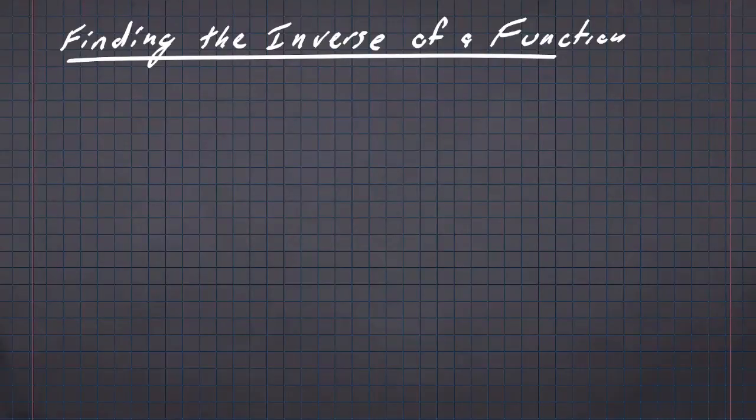Finding the inverse of a function. Remember, the idea of an inverse function: if we have y equals f of x, then the inverse is something we can establish on y to get x back as the result.